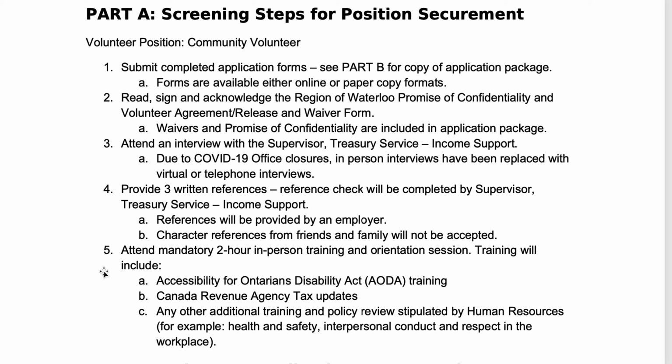Once they have completed all those steps and they've been officially accepted into the program, they have to attend a 2-hour mandatory in-person training and orientation session. It includes all about the Accessibility Act, the Revenue Canada tax updates, and other information that is required by the Human Resources Department.